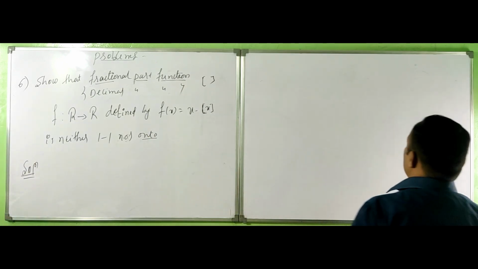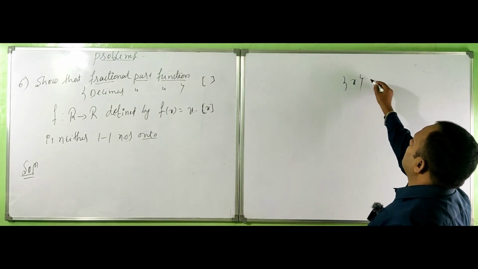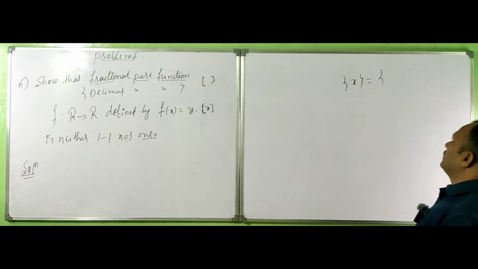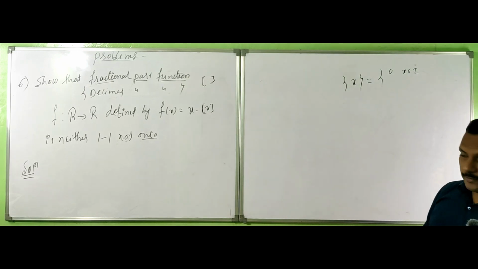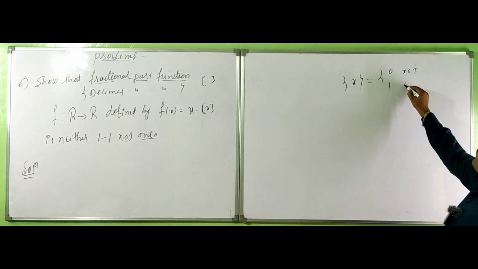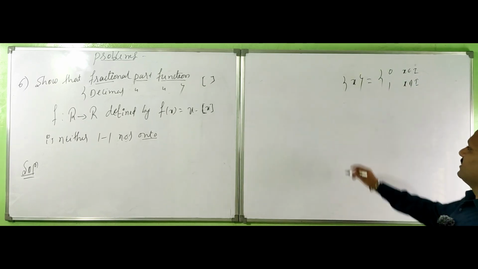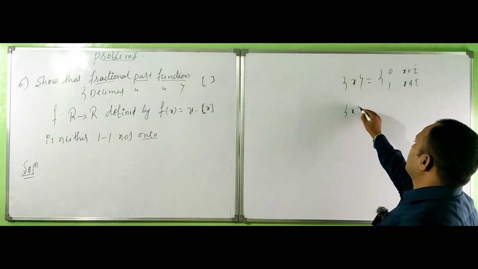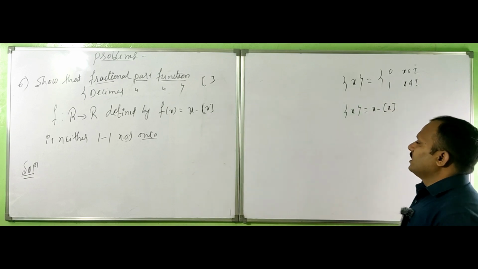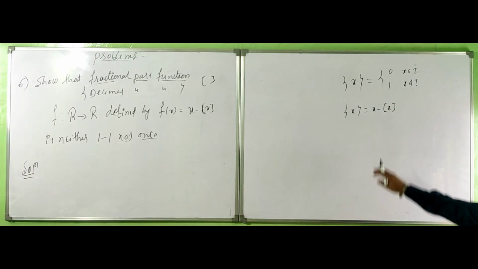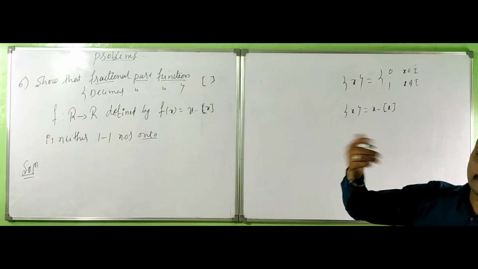The fraction part function is defined as 0 if x belongs to integers, and 1 if x does not belong to integers, and the definition is x minus the integer part function. The decimal part function is the given value minus the greatest integer function.